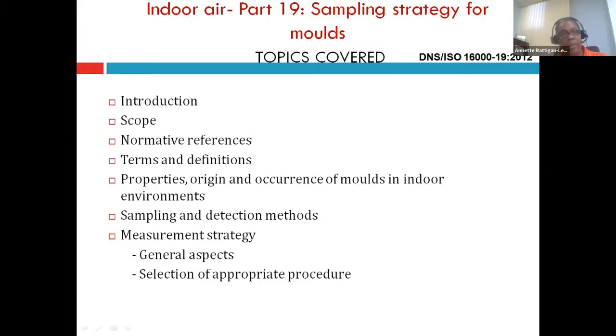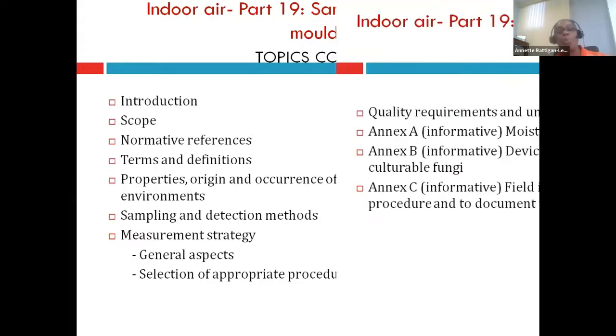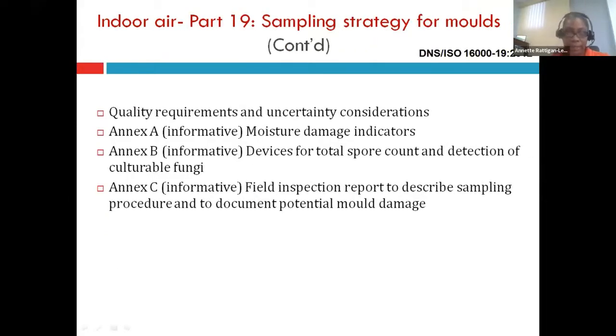has quite a bit of detail there, but basically with respect to the general aspects, this looks at the conduct of analysis to detect, to locate your mold sources that you want to sample. And also in terms of selection of the appropriate procedure, this captures basically the most appropriate procedure to be used, again, depending on what prompted the investigation.